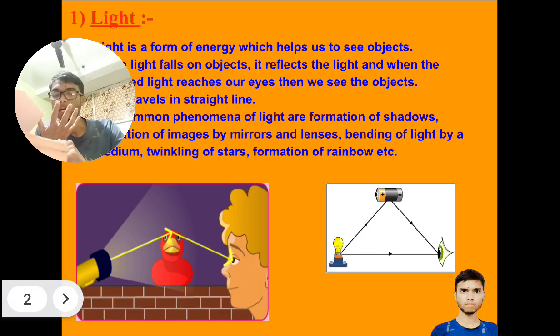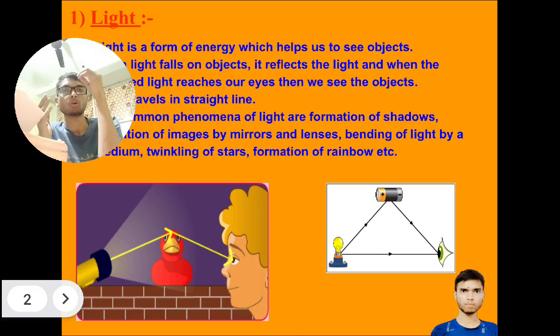To form a shadow you should have four things. One, a source of light. Second, an object. Third, an observer. Fourth, a screen to observe the shadow of the object. The object should be opaque.